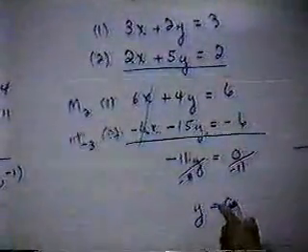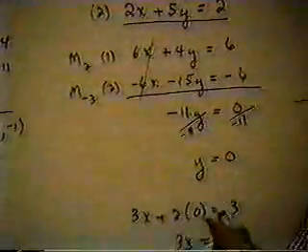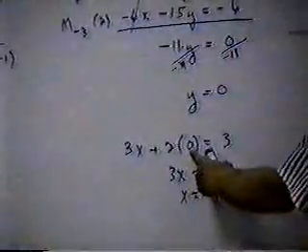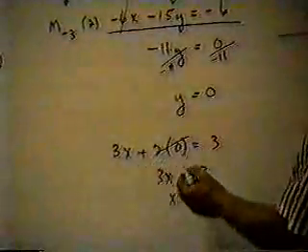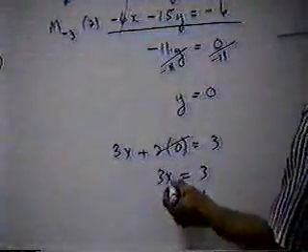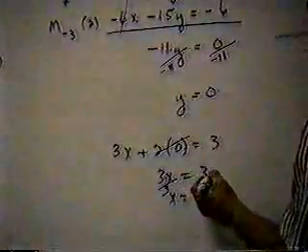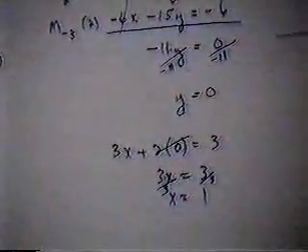So what I do, I now take that value of y and go back and plug it in the first equation. So I have 3x plus 2 times y, which is 0, equals 3. Well, 2 times 0 is 0. So what that leaves me is 3x is equal to 3. So now these are connected by multiplication, therefore I get rid of the 3 by dividing. 3 divided by 3 is equal to 1.